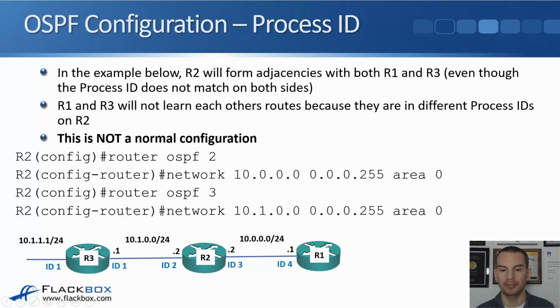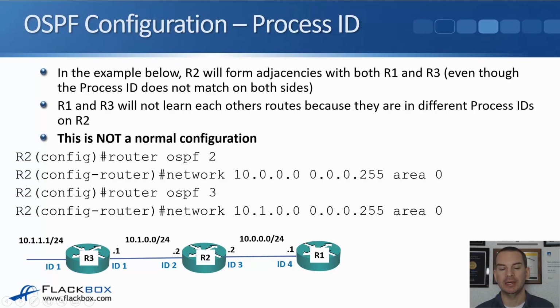And on R1, its left-hand interface is in process 4. R2 will form adjacencies both with R3 and with R1. Even though the process ID is different on the routers, that's a locally significant number. It does not have to match on both sides, so the routers will still form adjacencies.